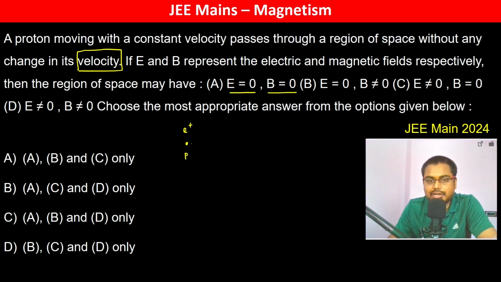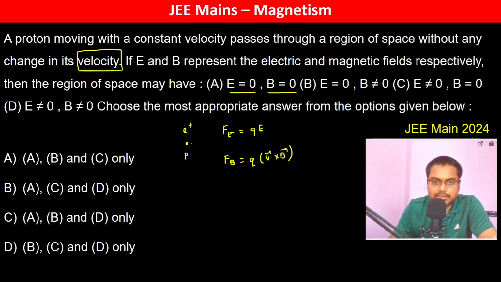So yes, correct, because the force due to electric field is going to be equal to QE, and force due to magnetic field is going to be equal to QV cross B. So this also becomes 0, this is also 0, so this is correct.